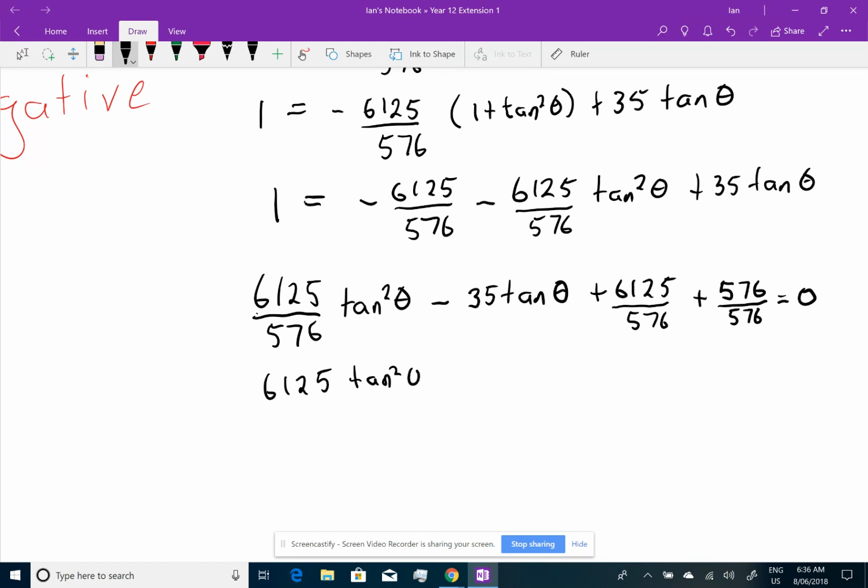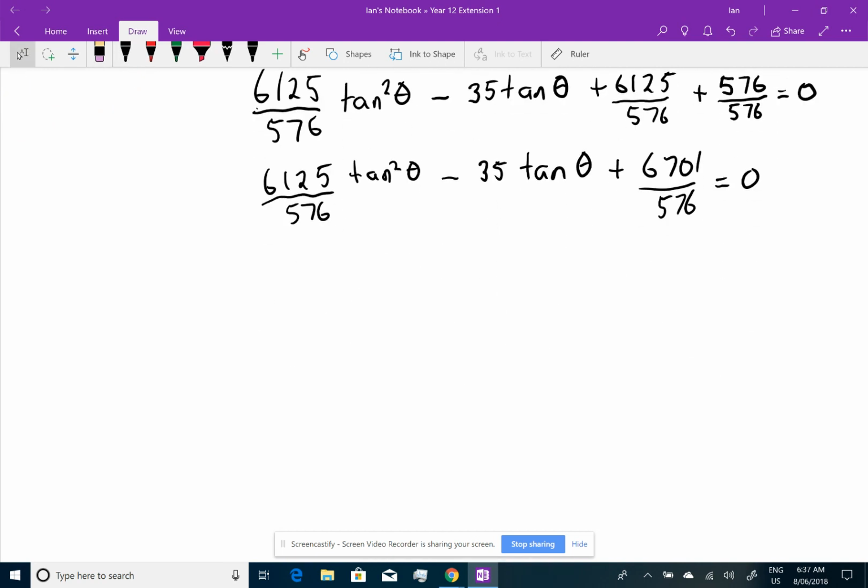Tan squared theta over 576 minus, but this is how my notes do it, 35 tan theta plus 6701 on 576 equals 0. It's just calculator work anyway. So now we're going to use a quadratic equation. So tan theta equals minus b, 35, plus or minus the square root. I'm going to have this big thing here, b squared.